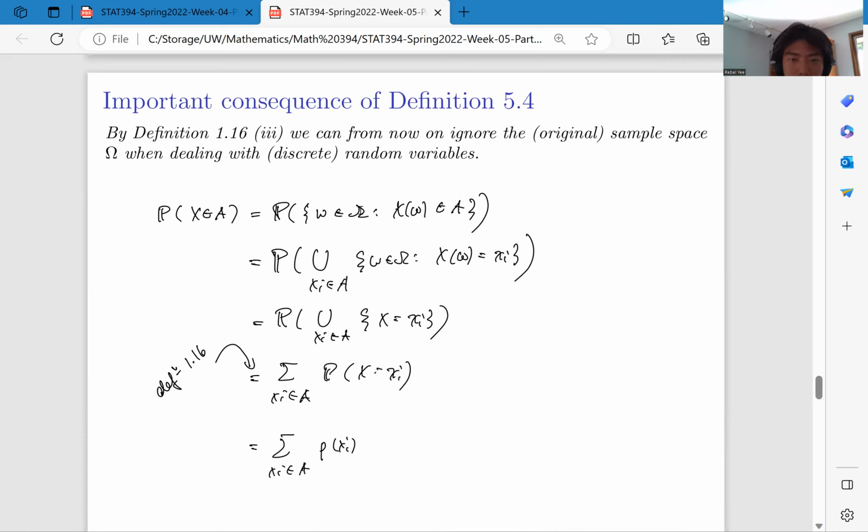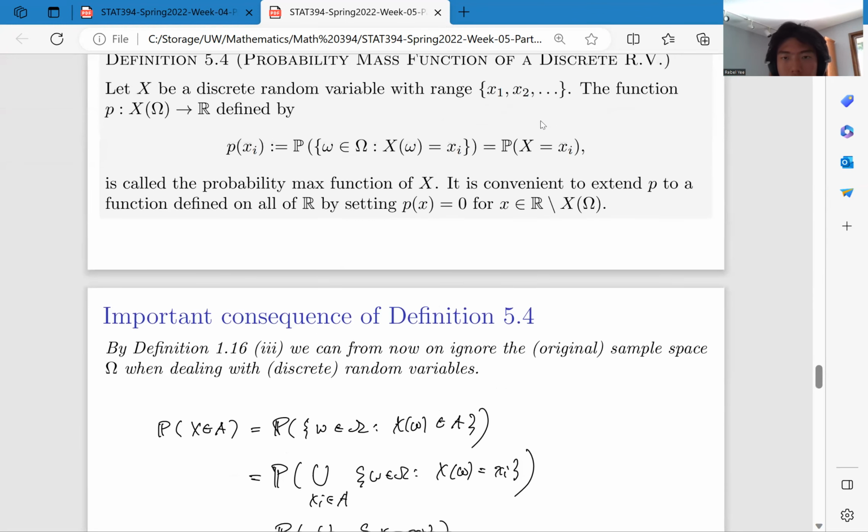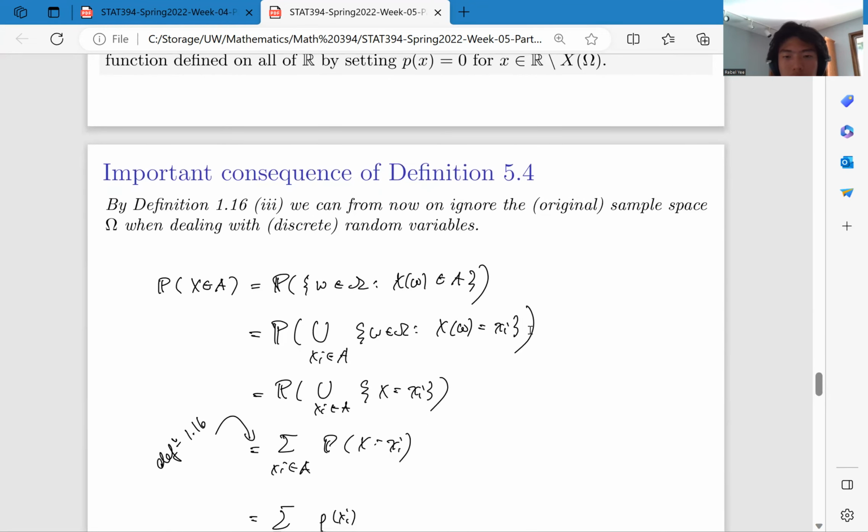And because we know all of the outcomes x1, x2 here are discrete, if x1 is not equal to x2, then if X(omega) equals x1, it cannot be equal to x2. So they are disjoint sets.